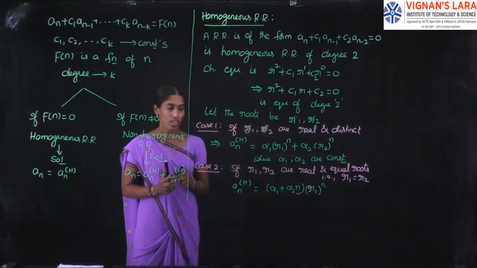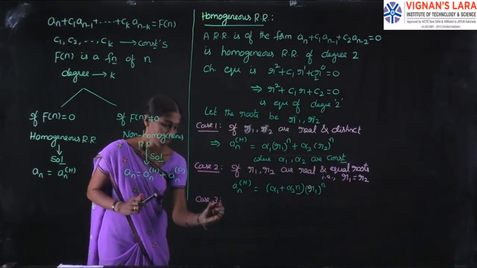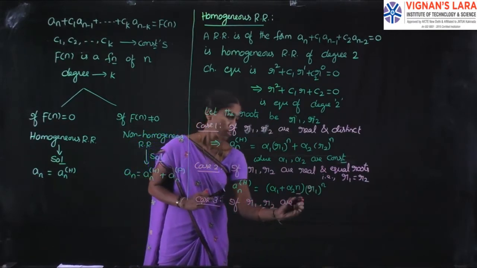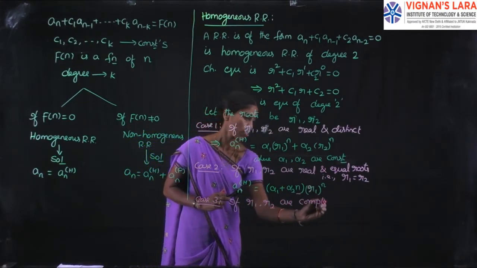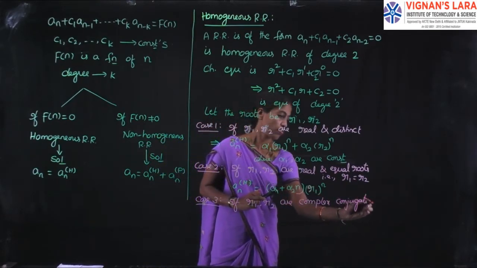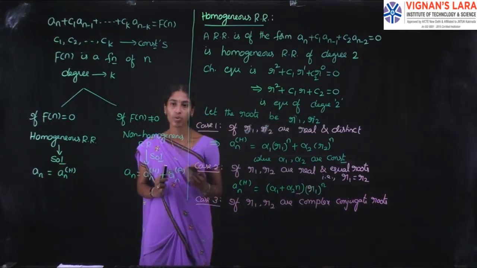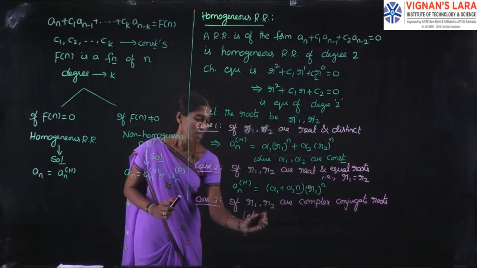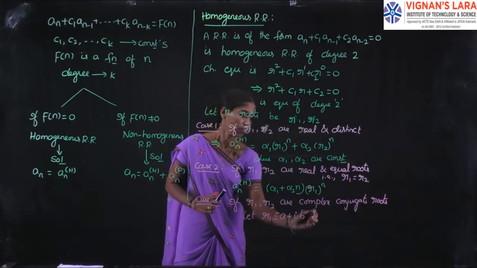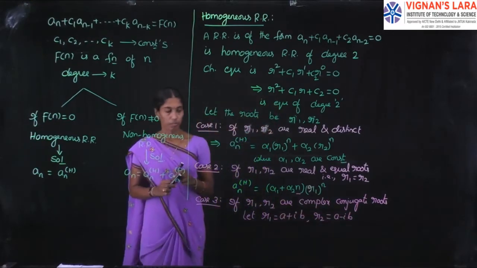Now we discuss case 3: if r1 comma r2 are complex conjugate roots. What is the meaning of complex conjugate roots? Both are a conjugate pair. Let r1 be equal to a plus ib, r2 equal to a minus ib, right?